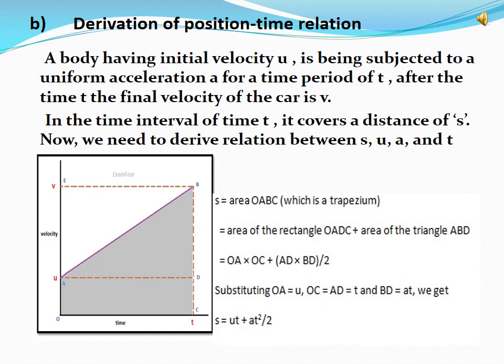Then we get s is equal to ut plus 1 by 2 into t into at. So s is equal to ut plus 1 by 2 at square. Hence we derived the second equation of motion.